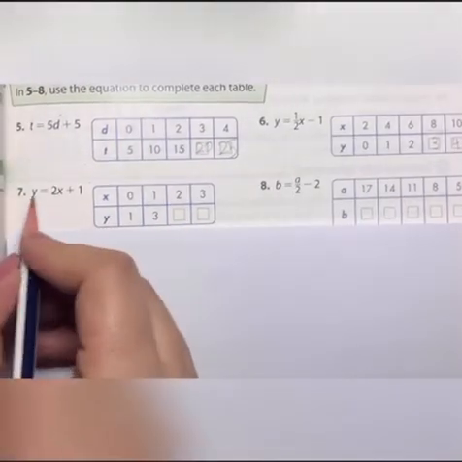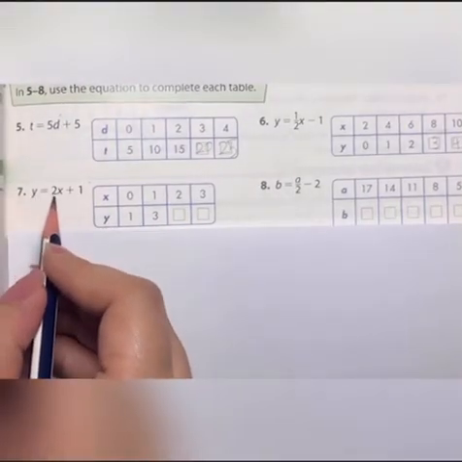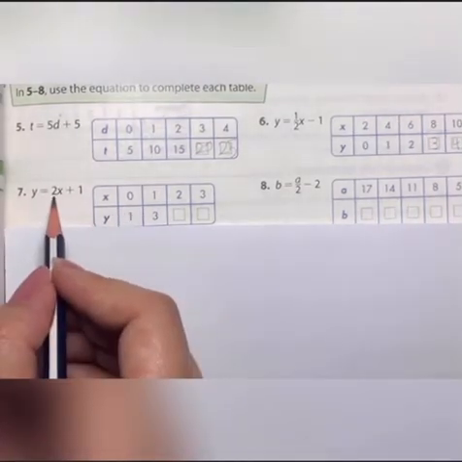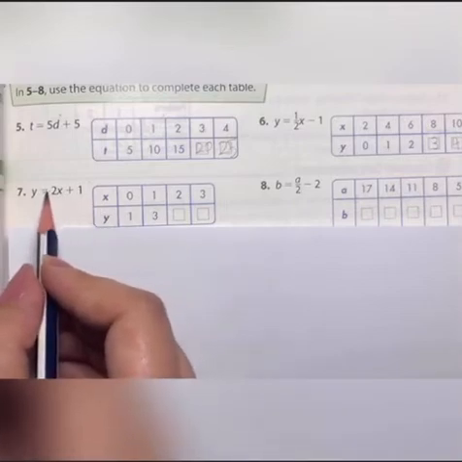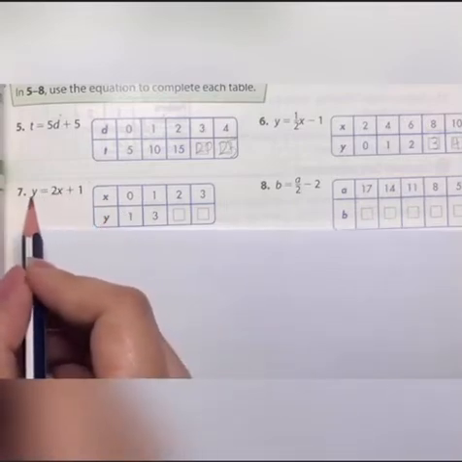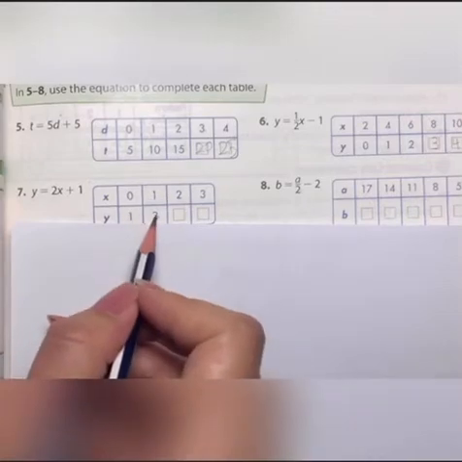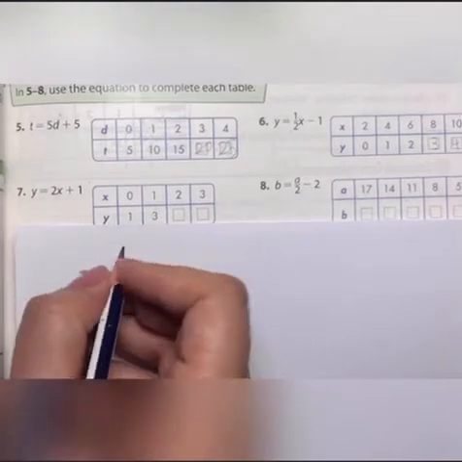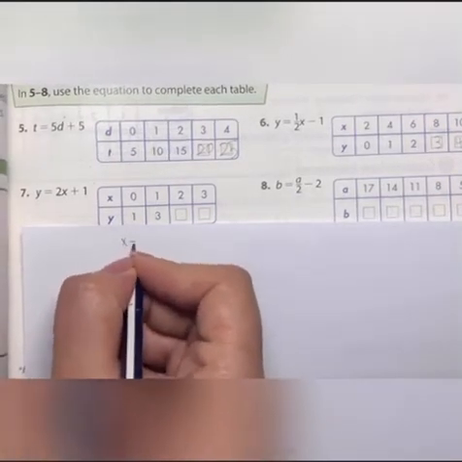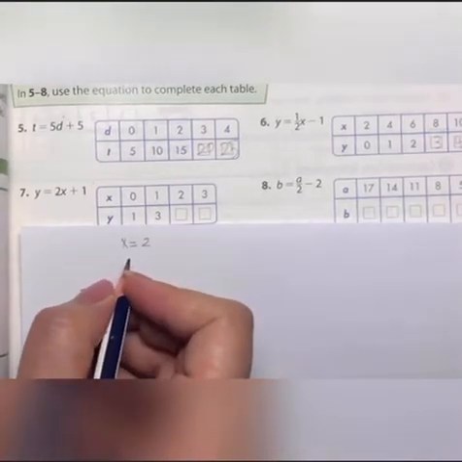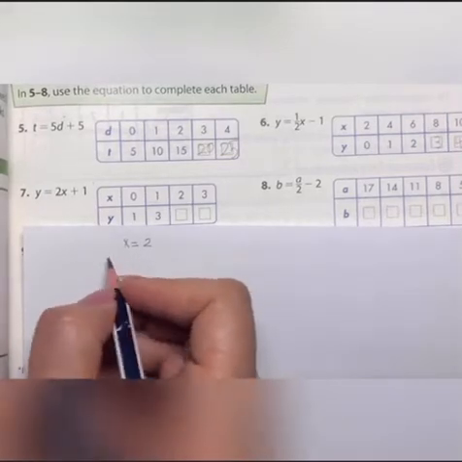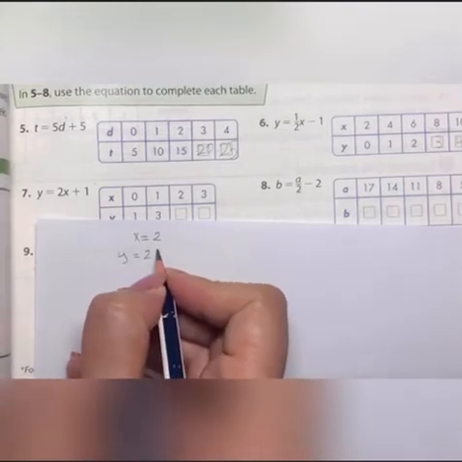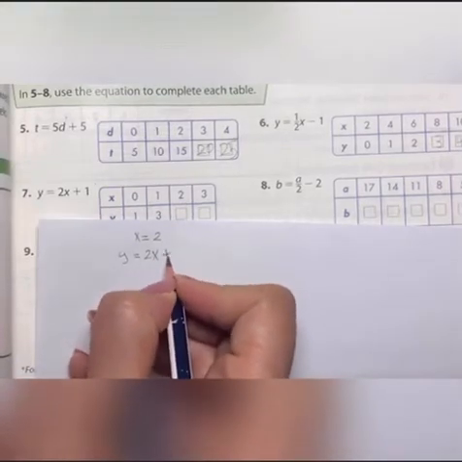For question 7, we have y equals 2x plus 1. If x is 0, y is 1. If x is 1, y equals 3. If x equals 2, then we would write our equation y equals 2x plus 1.